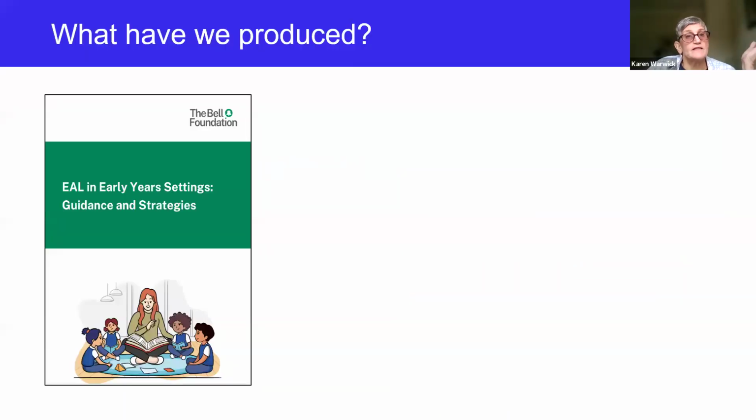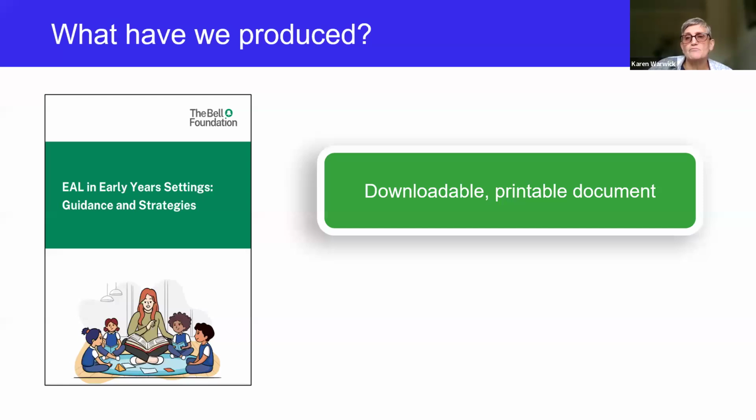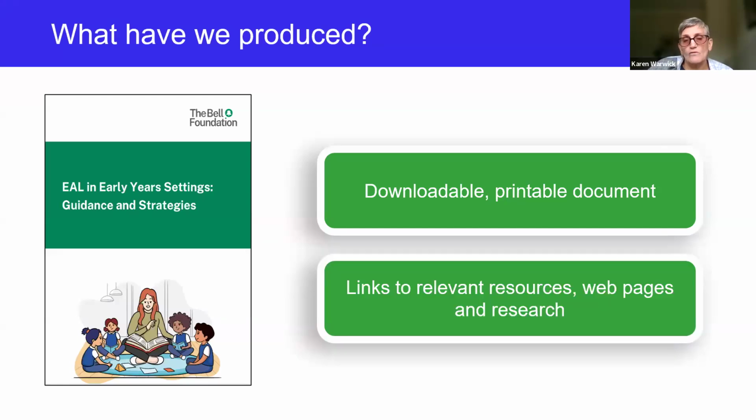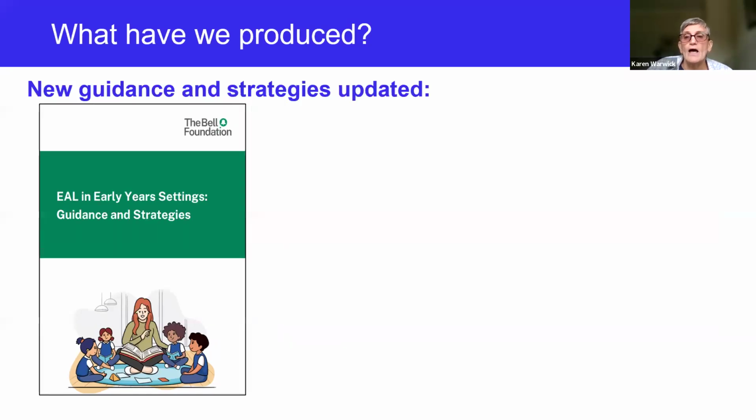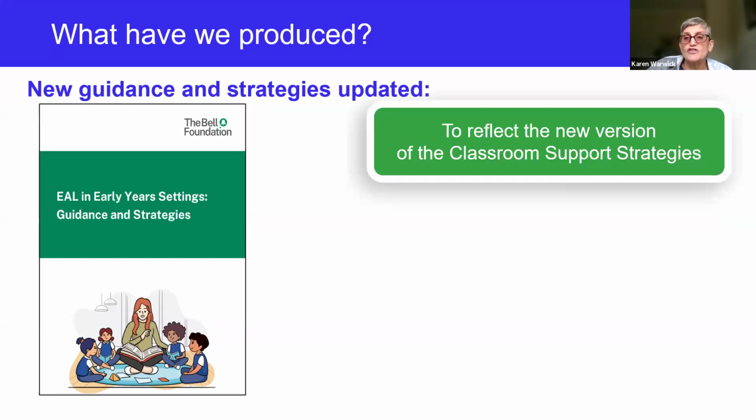We've produced a new, updated guidance, which is downloadable and printable, and of course has all the links and relevant resources to web pages and research, etc., updated within it. It also reflects the new version of the support strategies, with a major difference being that the Bell Foundation's key principles for EAL teaching are used to frame and organise the guidance and strategies.